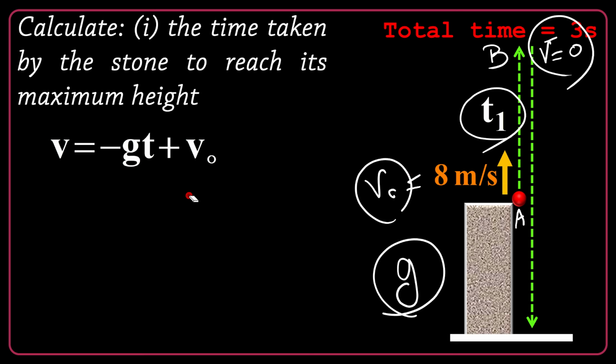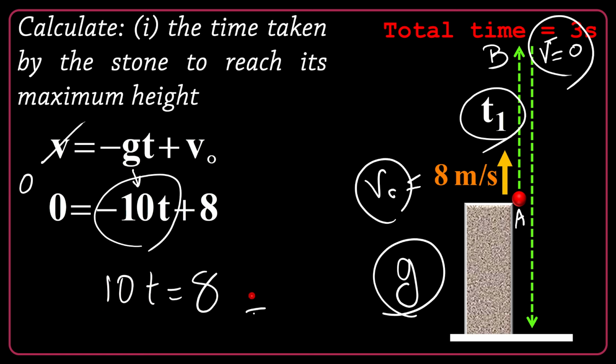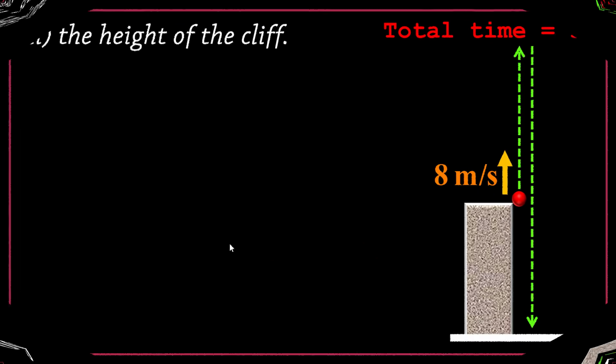So let's plug in the values. The velocity at the peak point B is 0, so 0 equals negative 10t plus 8. I take negative 10t to the left, so 10t equals 8, and t will be 8 divided by 10, so it's 0.8 seconds. It's the time from A to B, from the beginning point to the peak point.